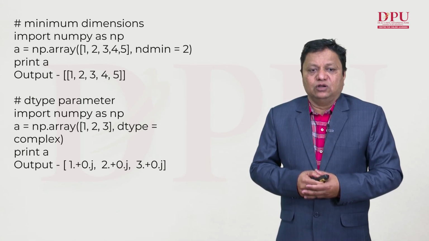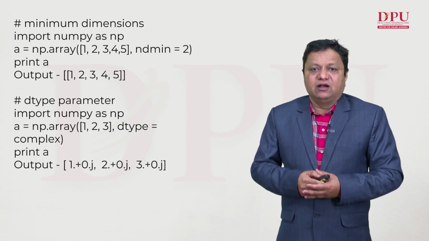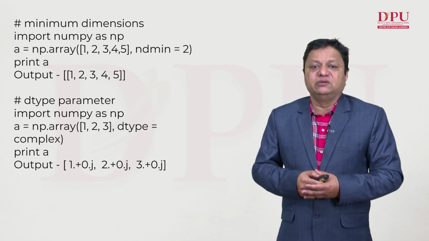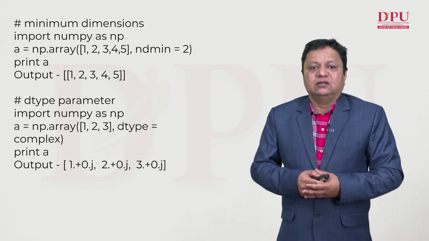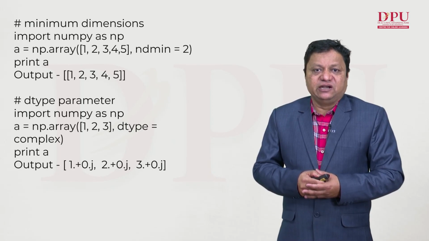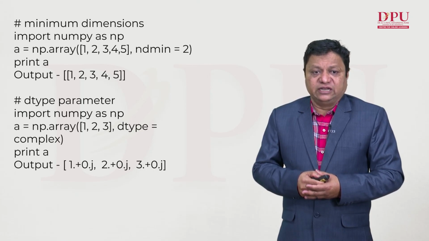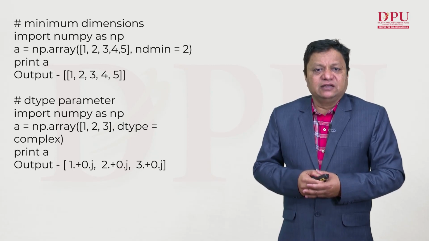So, what will it do? It will create an array of minimum dimensions 2. So, if I print using the print function, the output is displayed in the slide as an array having 2 dimensions, that is 1, 2, 3, 4, 5. Here I have specified the dimensions as 2.